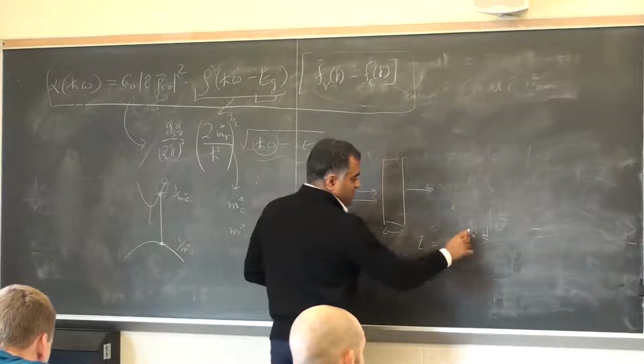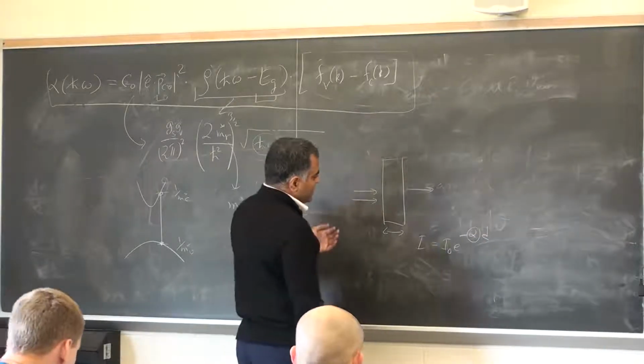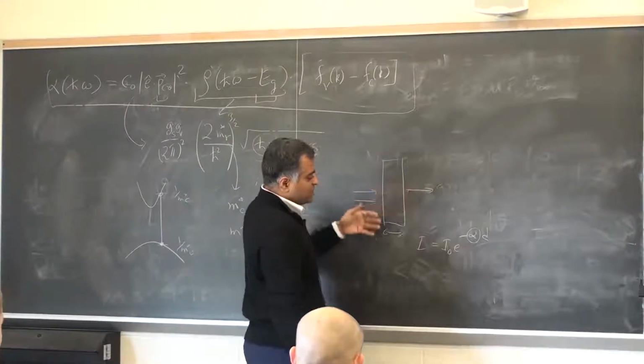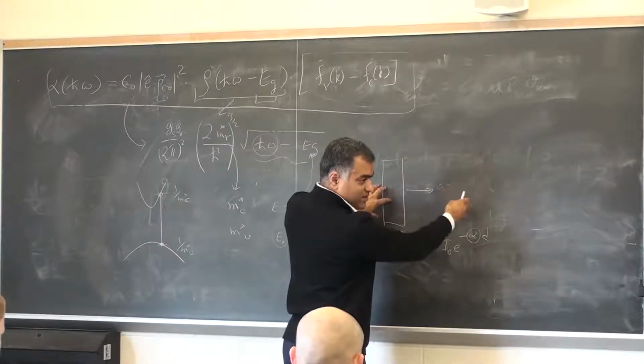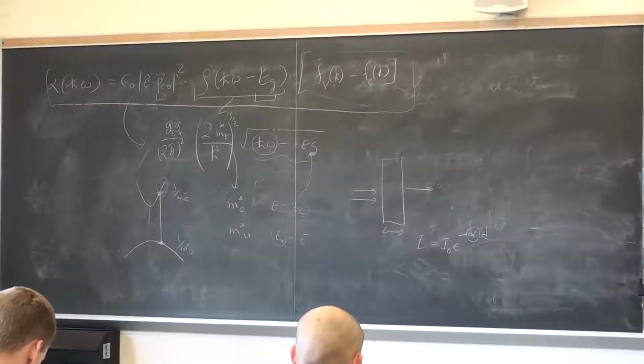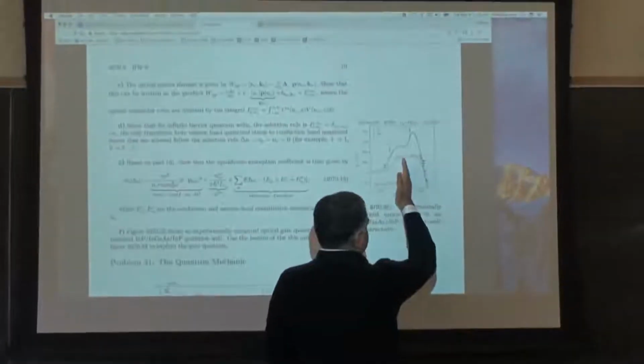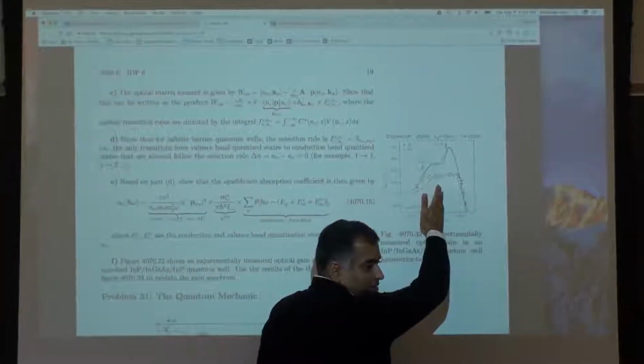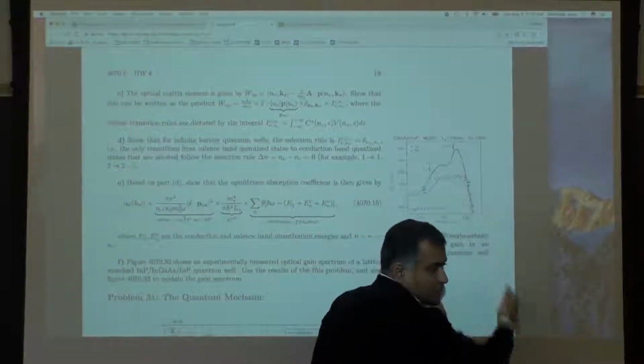If the absorption coefficient is positive, then you're losing photons as they go through, but if your absorption coefficient is negative, you have gain. What it's showing is that if my photon energy is here, I have gain; if my photon energy is here, I have loss, I'm losing those photons.